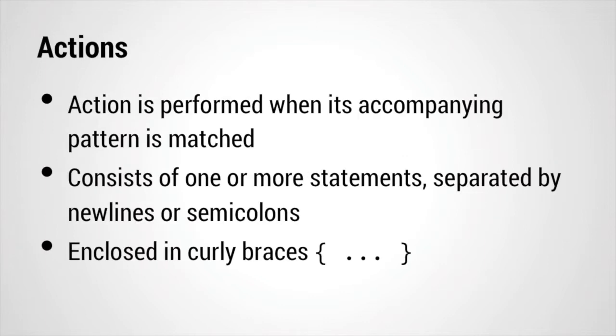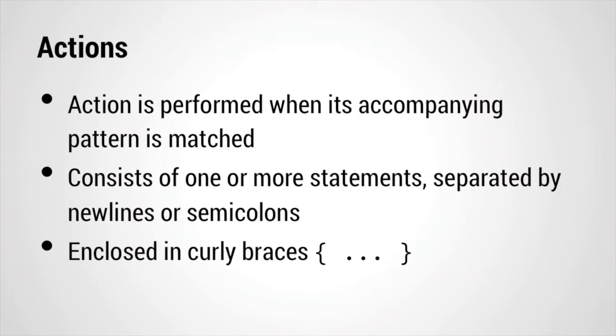Now for the second part, actions. An action is performed when its accompanying pattern is matched. So, like we said before, with the pattern being like an if statement, the action part of an awk rule is essentially the block of code that's inside that control.